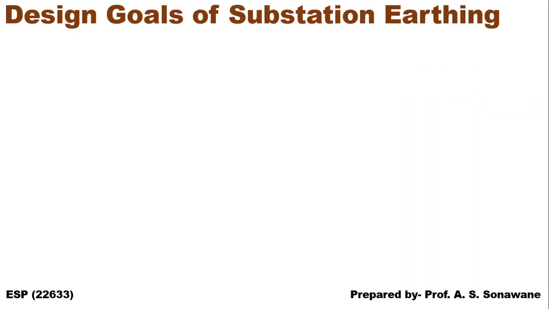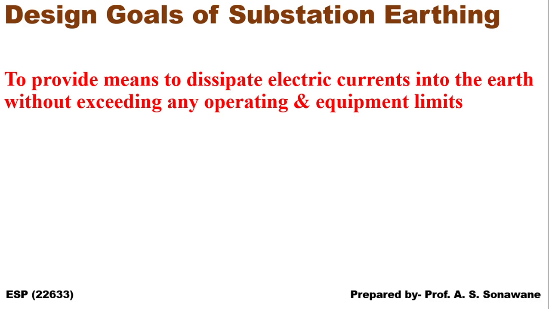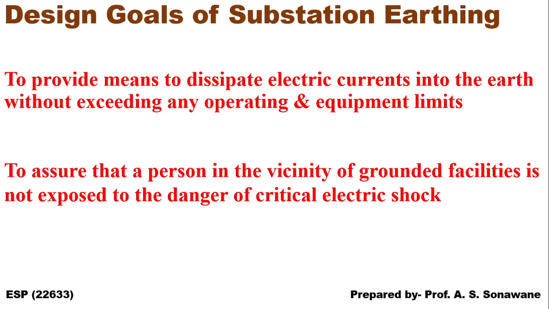The two main goals of substation earthing under normal as well as faulty conditions are to provide a means to dissipate electric current into the earth without exceeding any operating and equipment limit, and to assure that a person in the vicinity of grounded facilities is not exposed to the danger of a critical electric shock.